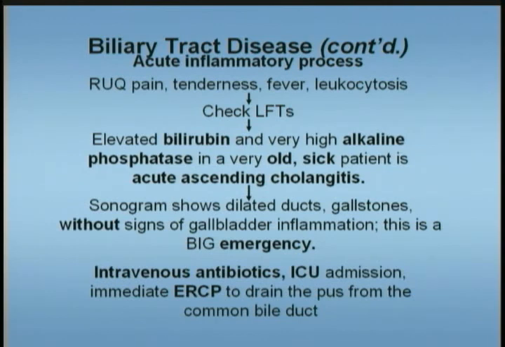The sonogram will show dilated ducts, gallstones, without signs of gallbladder inflammation, because the inflammatory process is in the common duct, not in the gallbladder. This is a big emergency. Intravenous antibiotics, ICU, immediate ERCP to drain the pus from the common duct, and eventually cholecystectomy.